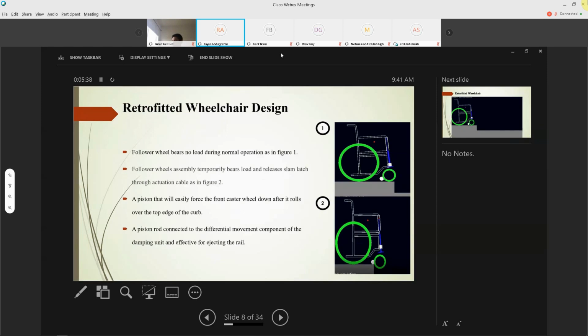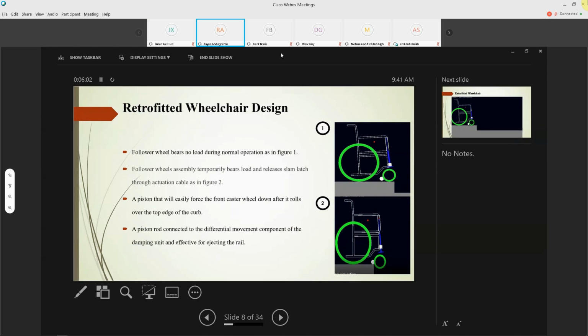Retrofitted wheelchair and how it will be working. We studied the design in detail to find out how the system works. Starting with figure one, it shows that the follower wheel appears under no loading during normal operation, and it is on the surface.